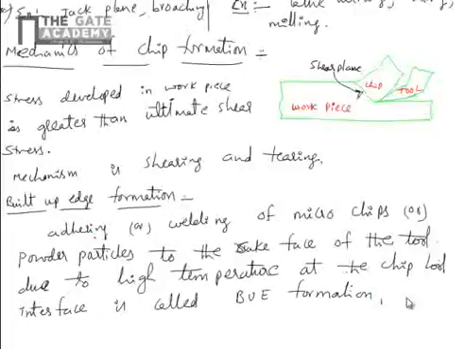So what is the problem with the built-up edge formation? If you look at the diagram, this is a workpiece and chip is removing from the workpiece by using this tool. So here the built-up edge will form.